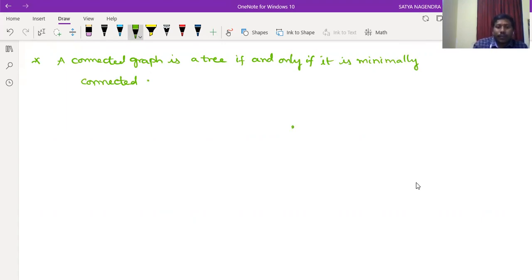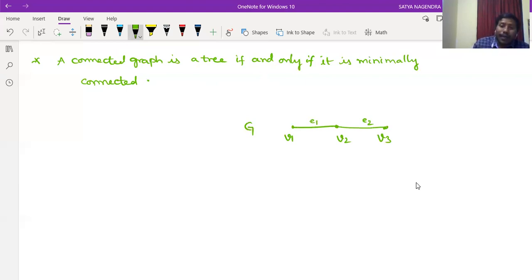See this, if you have the graph that we took in the previous session also: V1, V2, V3. This is the graph we have taken previously. This is G. By removing any of these edges, definitely it will be a disconnected graph.